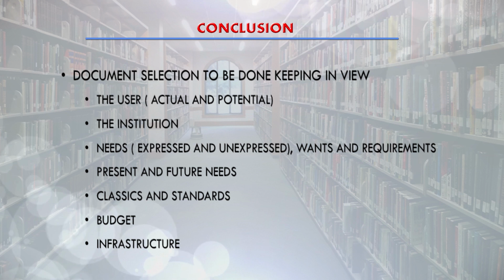We have to process it, we have to make it available in time. So, we have considered today why document selection is important, and what the different principles are and how they stress the user, budget, collection and our competencies. Thank you.